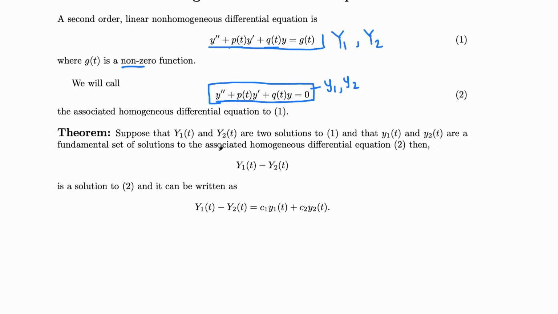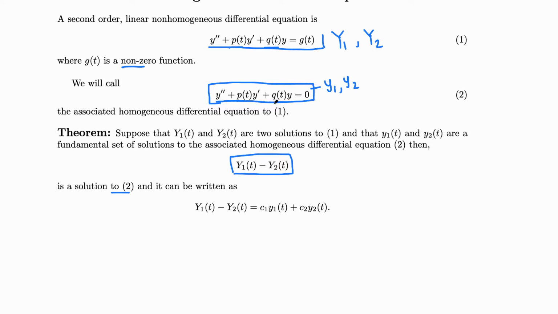In that case, the difference Y1 minus Y2 is a solution of 2, and this solution can be written as a linear combination of little y1 and y2. That we already know.